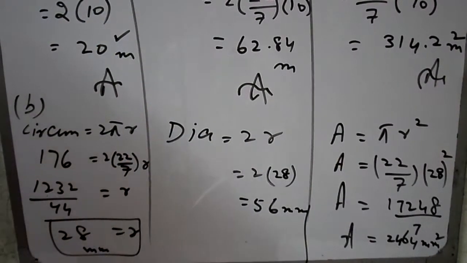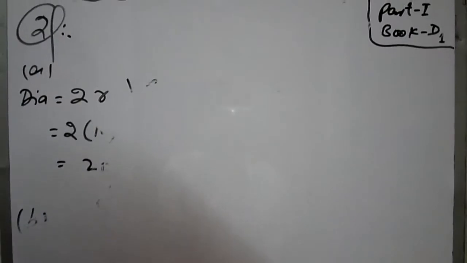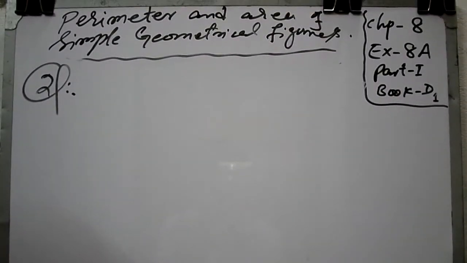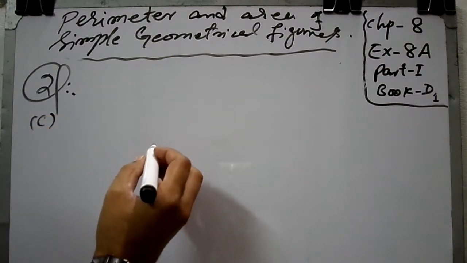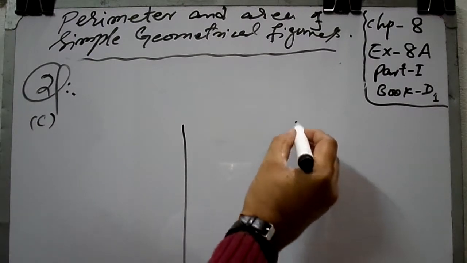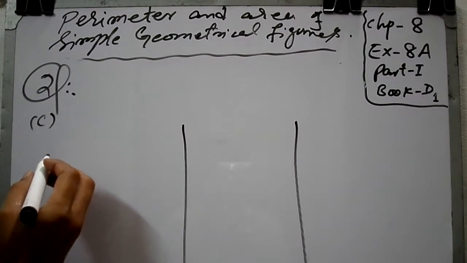Now coming to the C part, how to find the C part. In C part, similarly, area is given to you, you have to find r.